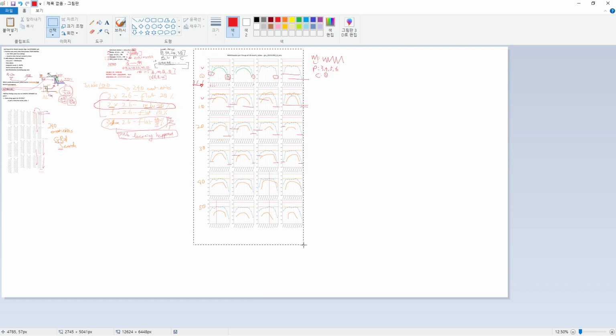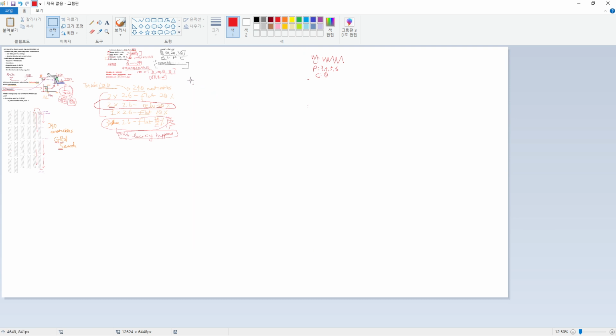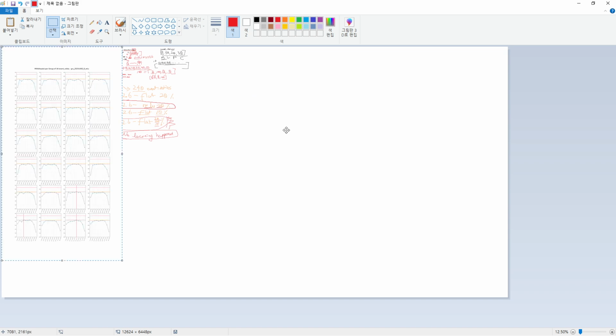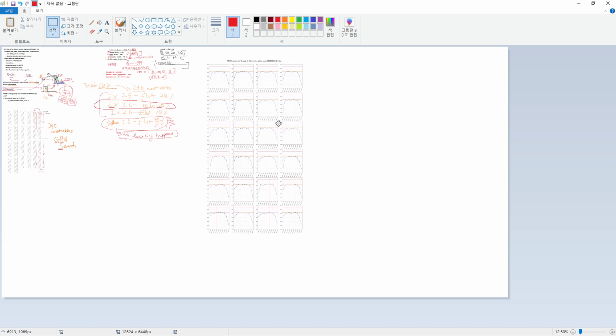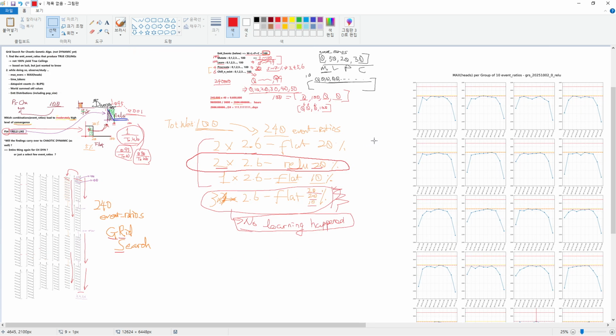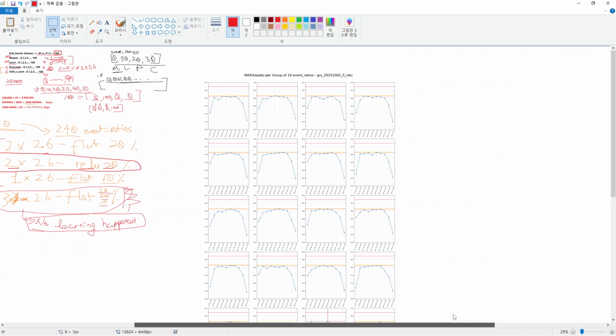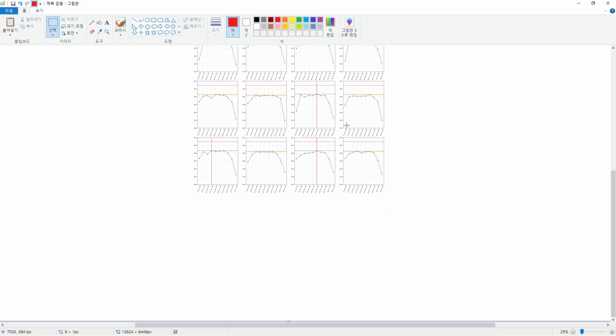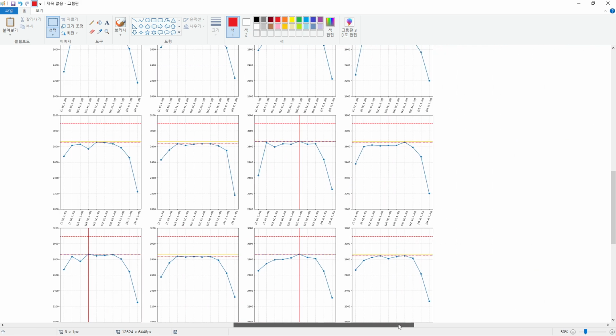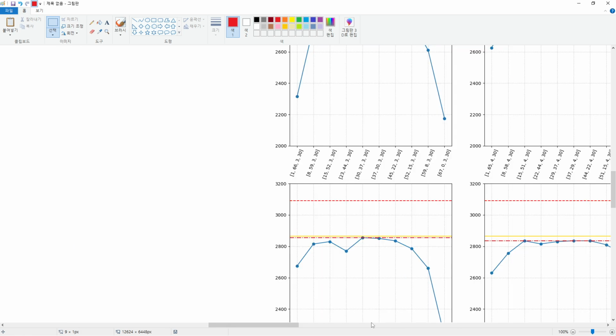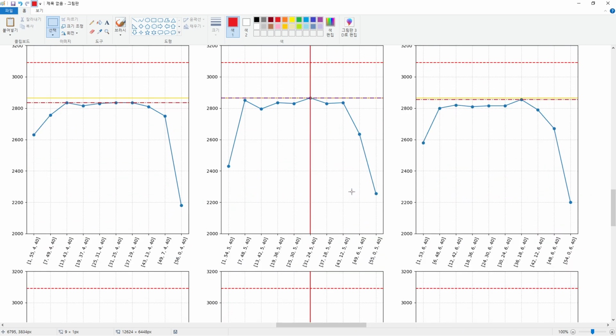Let me get rid of this again. Reinvite the thing. Now, what did I put these red vertical lines for?